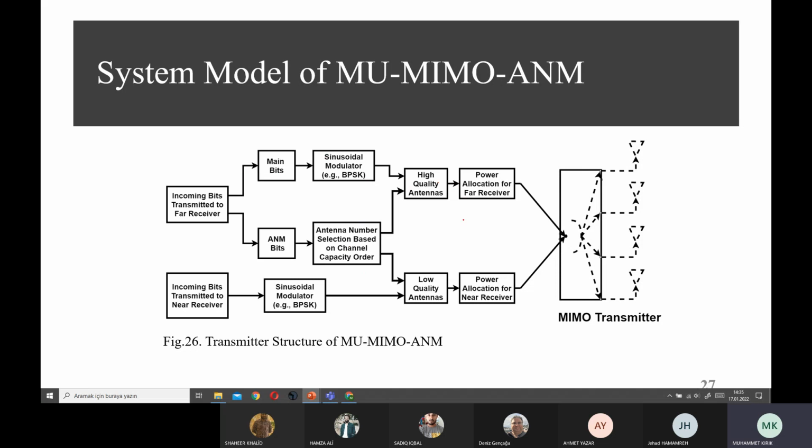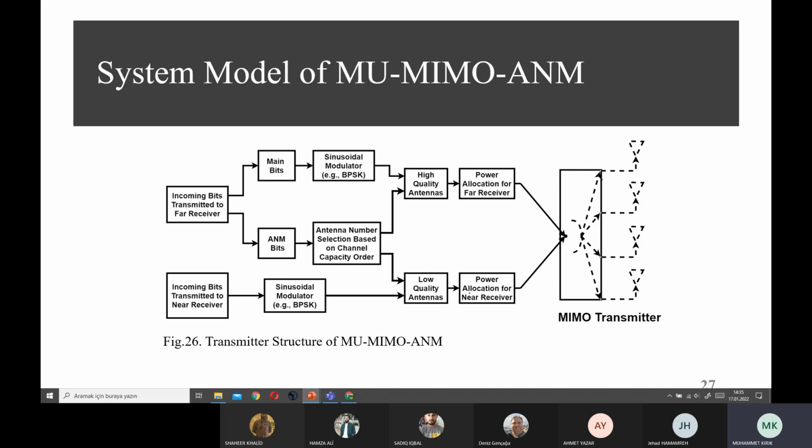But when we have the near receiver, we are again modulating the data by using the BPSK, but we are using the low quality antennas because our priority is not the near user. We are just serving that user so we can keep all our antennas busy. And to do that, we are using a low power because we don't want our far user to be affected by the data.